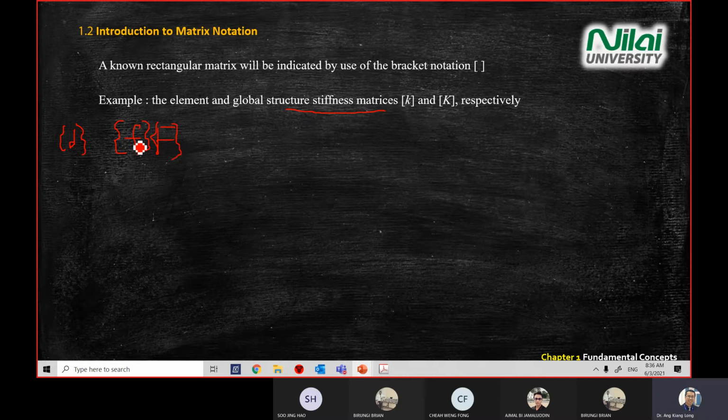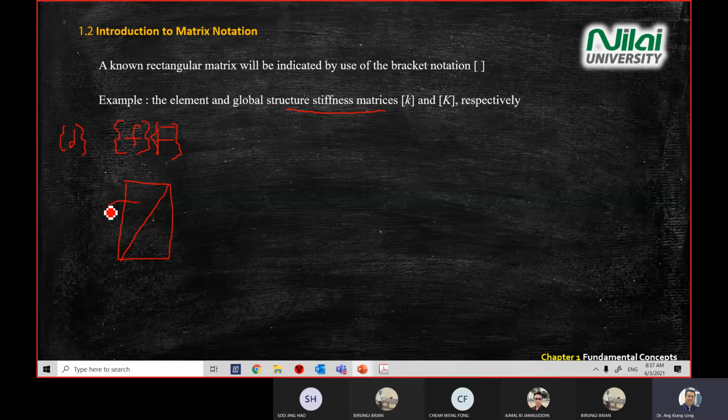What happens if you use a small one? Small means it is referring to the individual element. If you use a capital letter, it means you look at the global scale, you zoom out to see the whole structure. Just now you learned about discretization. For example, if you break the square structure into two triangular elements, with discretization we mesh and break the structure into two small elements.